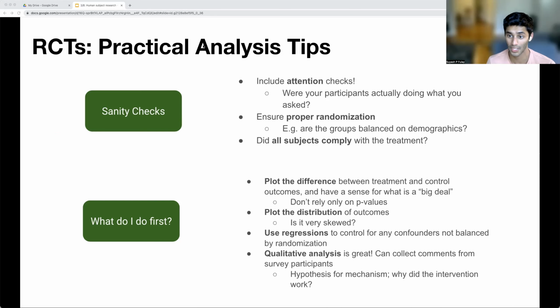If you collect comments from survey participants, it can be very insightful. You can get ideas for hypotheses for the mechanism of why your treatment worked or didn't work, especially in the case where it didn't work. Oftentimes participants might give you some idea of why that may be. So it's really good to give free-form answers as well, even if the metrics you're collecting are quantitative.